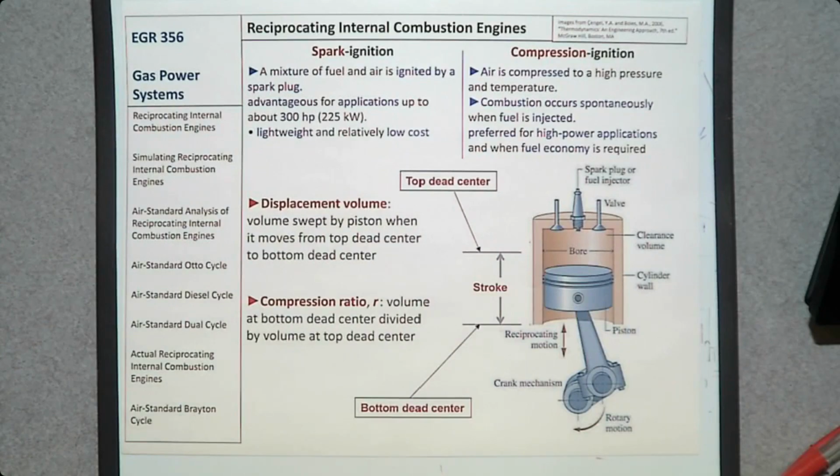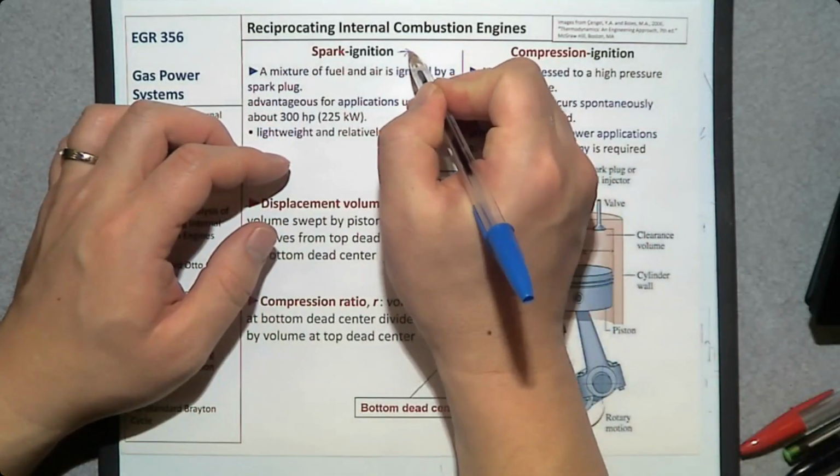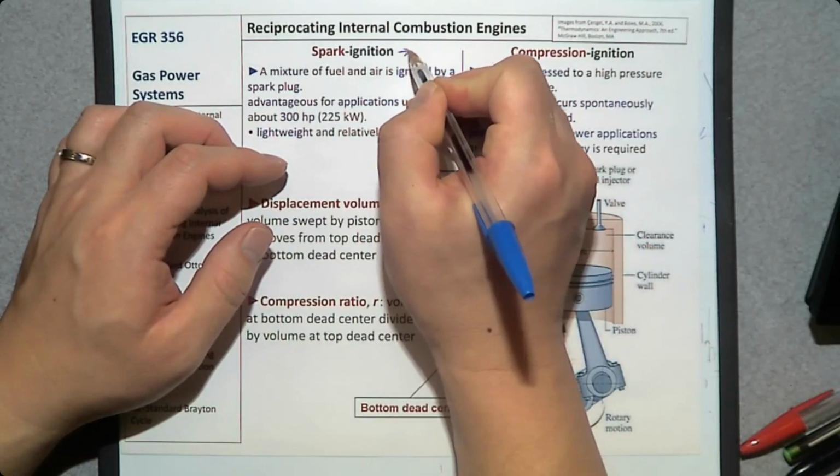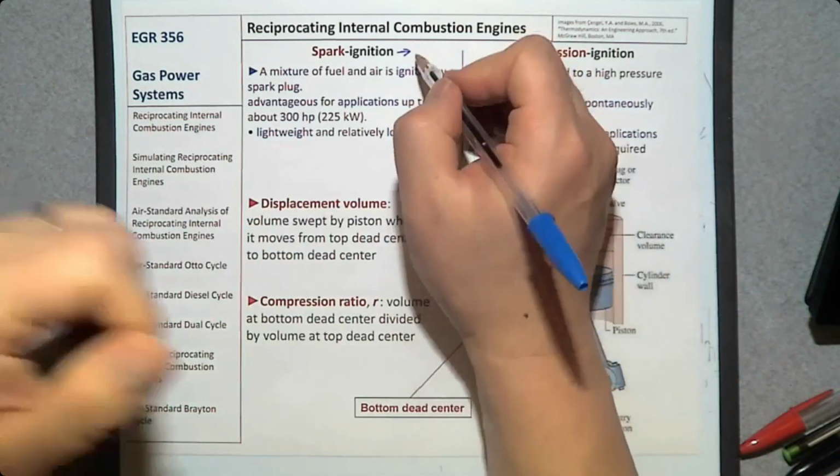So there are 2 different types of combustion engines. One is spark ignition, and the other one is compression ignition. The spark ignition is most likely your car engine, the gasoline engine.